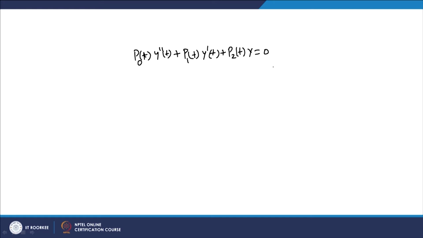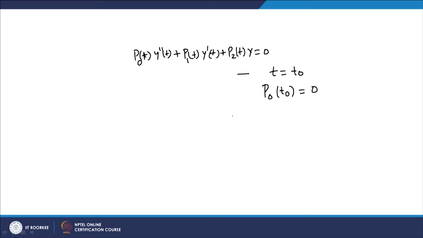A point t equal to t naught is said to be a singular point if P naught at t naught is equal to 0. When we have this, we say that t equal to t naught is a singular point of this ordinary differential equation.